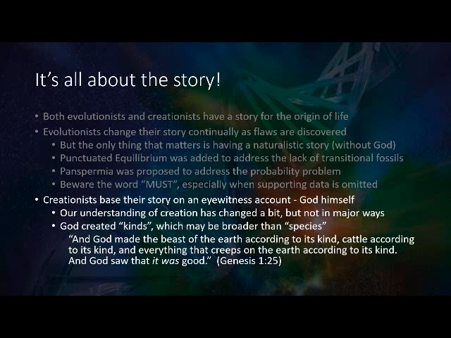Kinds could be something broader than a species. It could be a family or a genus of some animal. So, for example, maybe the bovine kind or the canine or the feline kind. Because we've discovered that within those broad categories, there's a lot of crossbreeding that can occur, and tigers and lions can crossbreed, and genetically they're not that different from other cats.